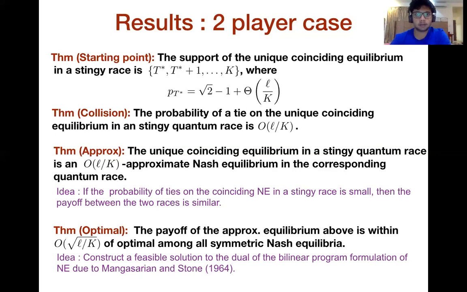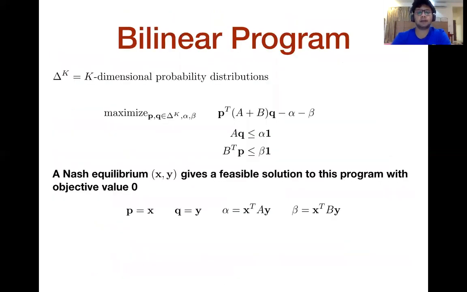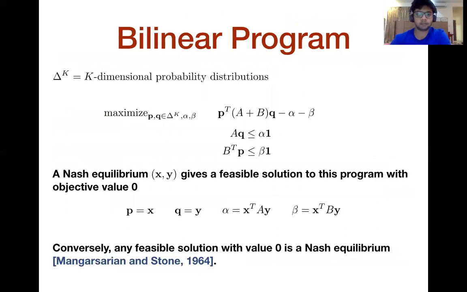So let's look at this a little bit more clearly. Due to this result by Mangasarian and Stone, one can compute the Nash equilibria of a game given by matrices A and B using this bilinear program here, which is a program in variables P and Q, which are probability vectors, and scalar variables alpha and beta.